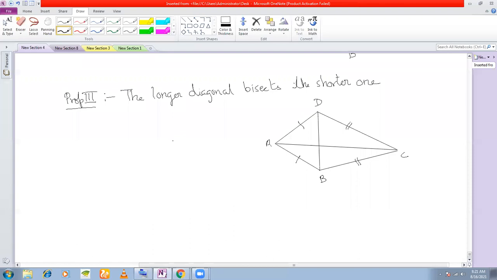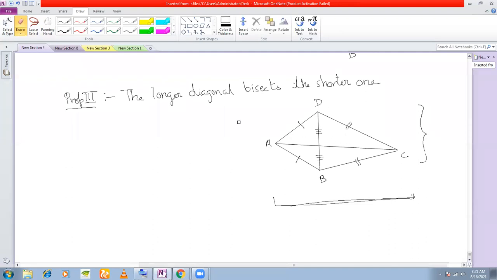Now the longer diagonal will bisect the shorter diagonal, means which one is the longer diagonal? AC. This will bisect the shorter diagonal, this one. That means AC will bisect BD. That means these two have to be equal. We cannot say these two are equal. Understood? The longer will bisect the shorter one only.